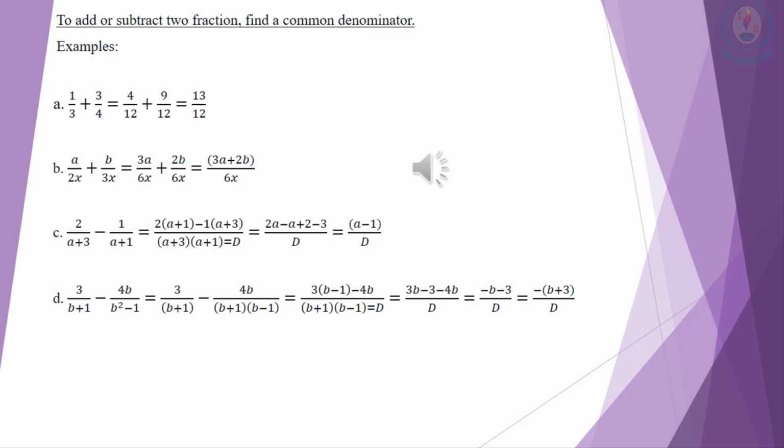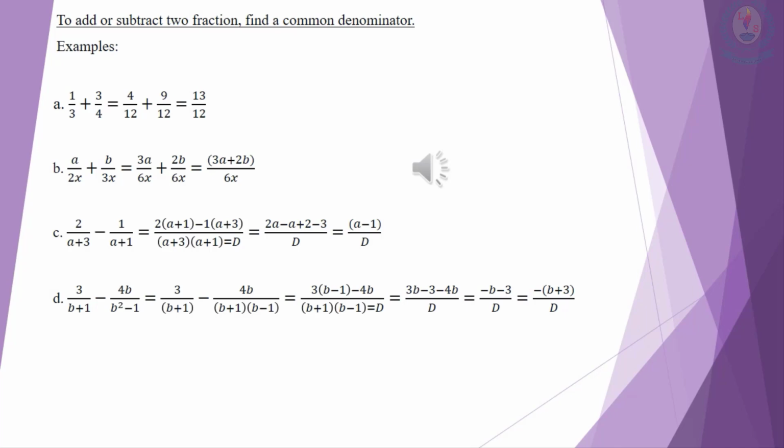D part, 3 over b plus 1 minus 4b over b squared minus 1, equals 3 divided by b plus 1 minus 4b divided by b plus 1 into b minus 1, where b squared minus 1 is a difference of two squares, which breaks down into b plus 1 and b minus 1.